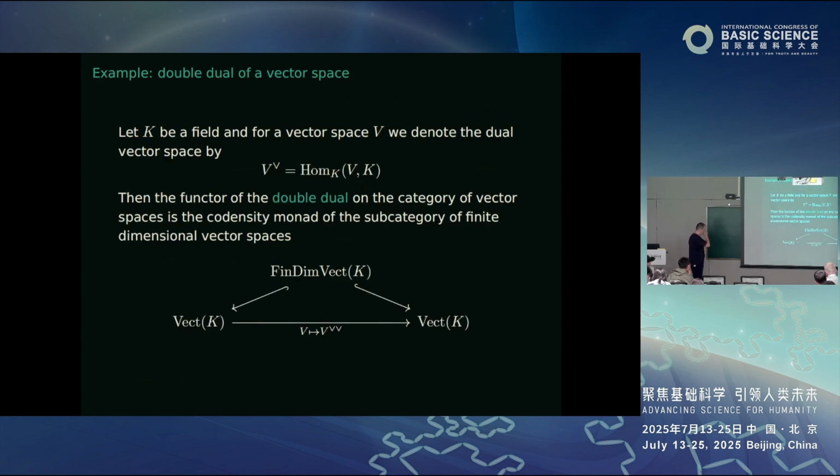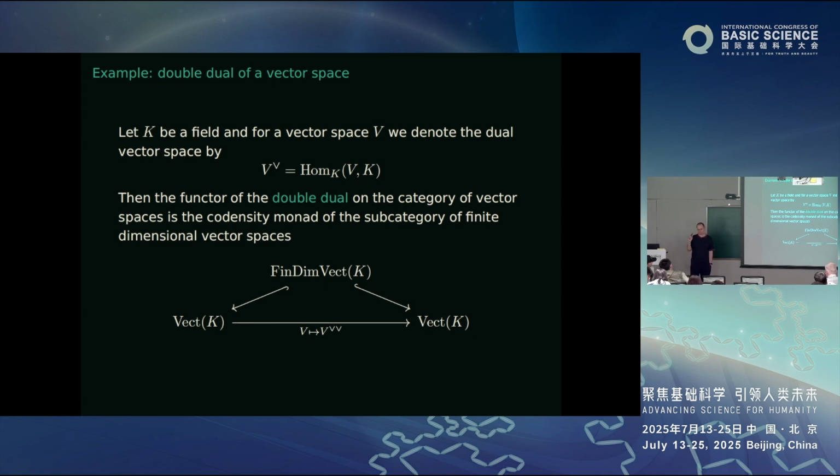Okay, some examples. Maybe the most elementary example which I can give is the double dual of a vector space. Assume that K is a field, and for any vector space V over this field, we denote by this symbol the dual vector space, just Hom from the vector space to the field. It is a contravariant functor, but if we compose it with itself, we obtain a covariant functor from the category of vector spaces to itself.